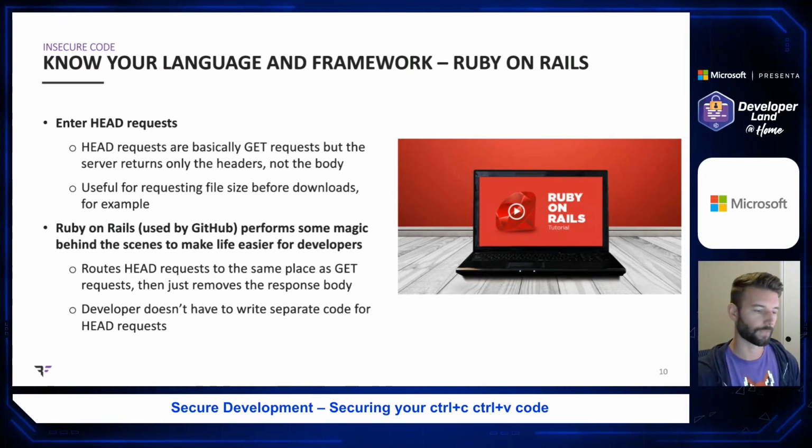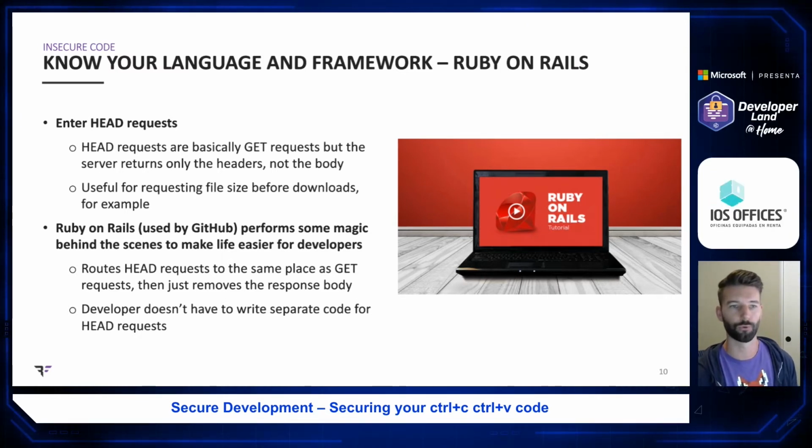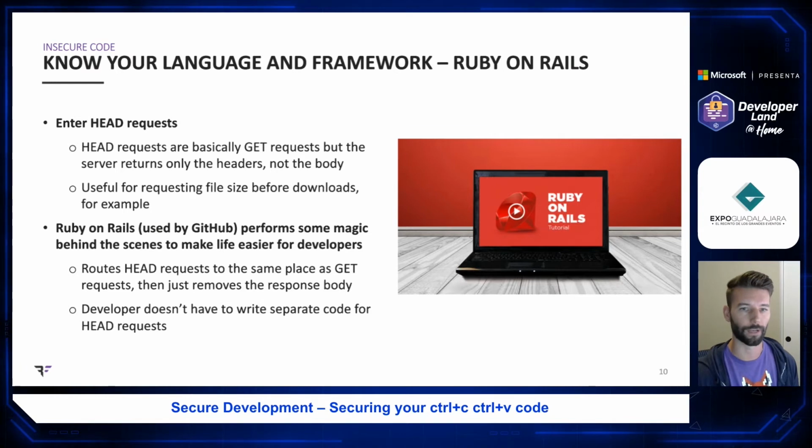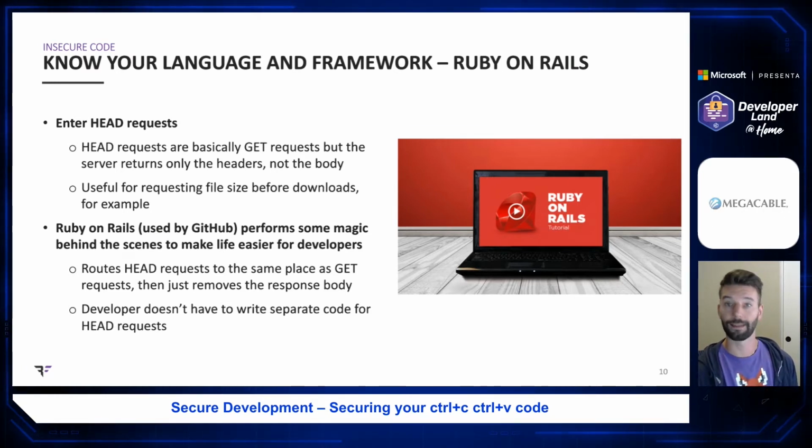To make it so that developers don't have to write code for HEAD requests, Rails just treats HEAD requests like GET requests. It does the exact same thing, but then at the very end, Ruby on Rails just takes away the response body and only returns the headers to the user.